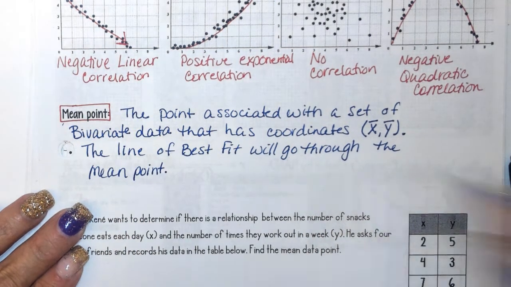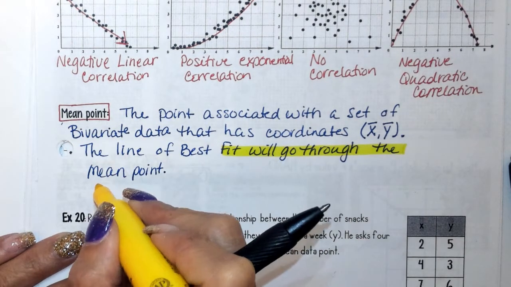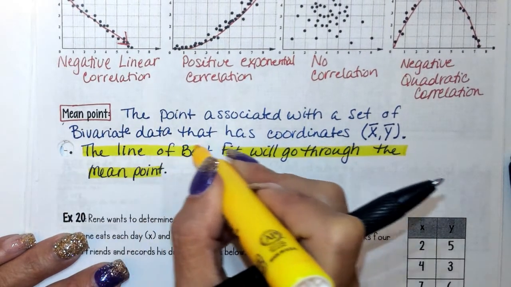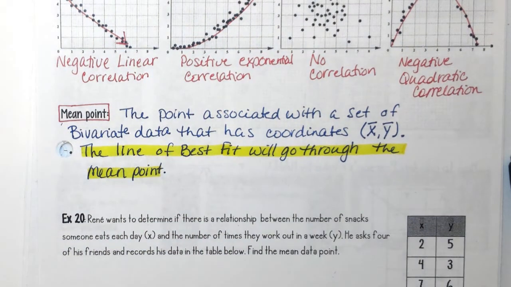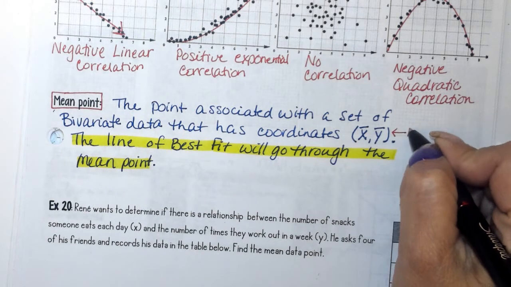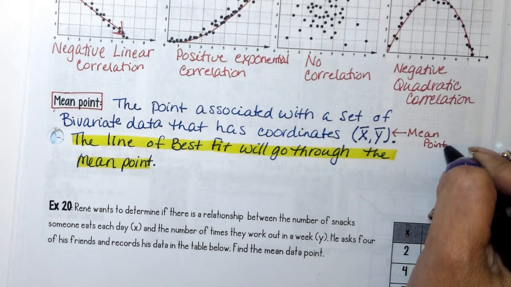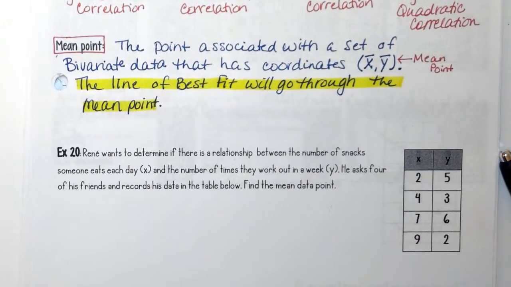Okay, that is super important. In fact, I'm going to actually highlight that. The line of best fit will go through the mean point. And I'm going to take my red and point right there, and put mean point. Just want to be sure you understand that. Okay, so here we go.